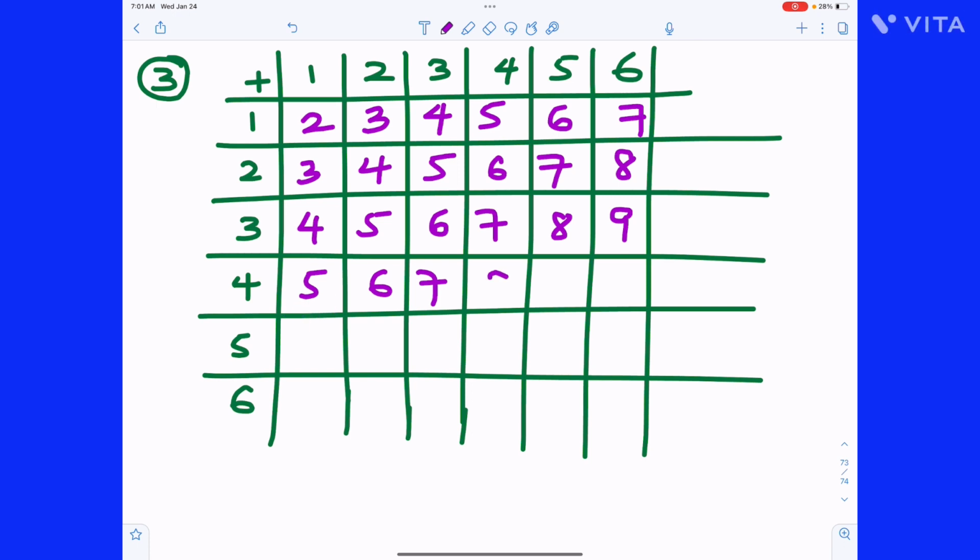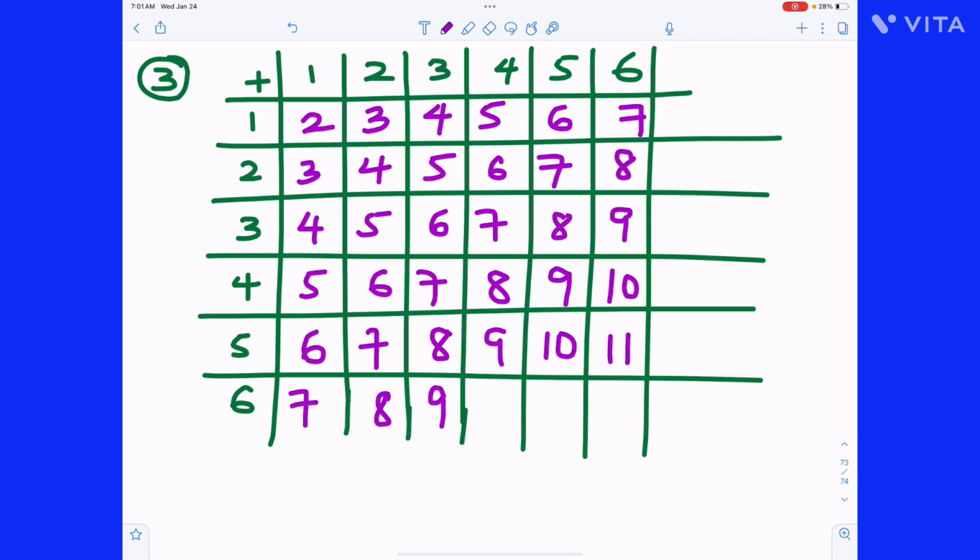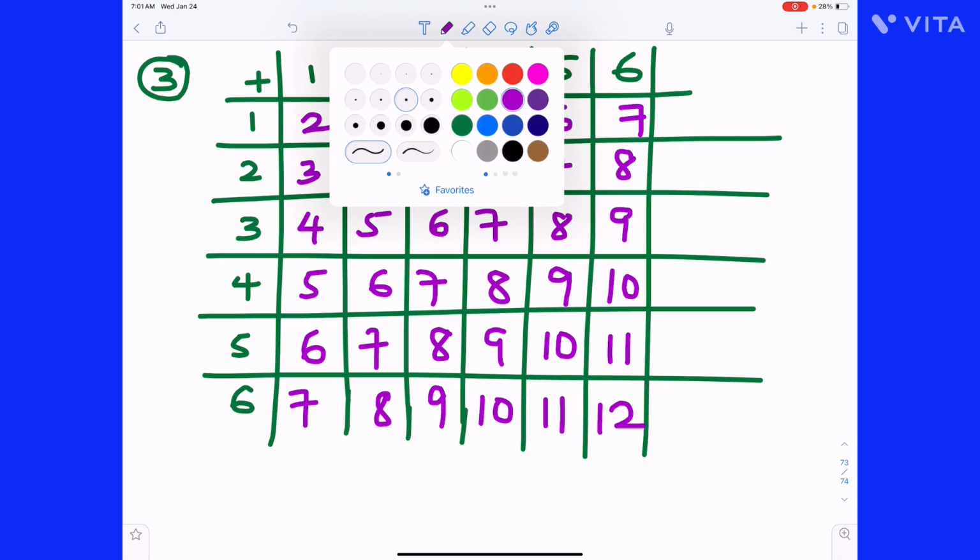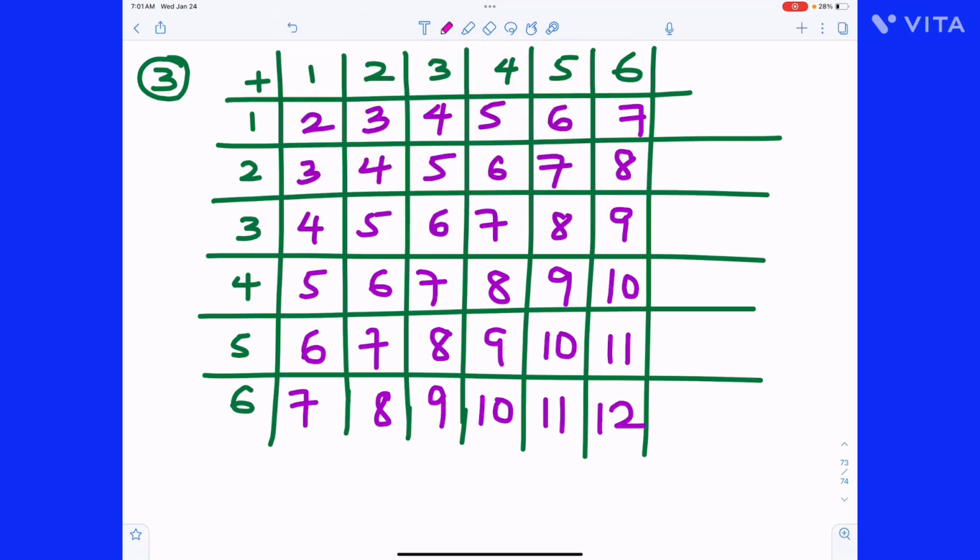5, 6, 7, 8, 9, 10. This is 6, 7, 8, 9, 10, 11. Let me write that very well. And this is 7, 8, 9, 10, 11, 12. So how many of these results are prime?